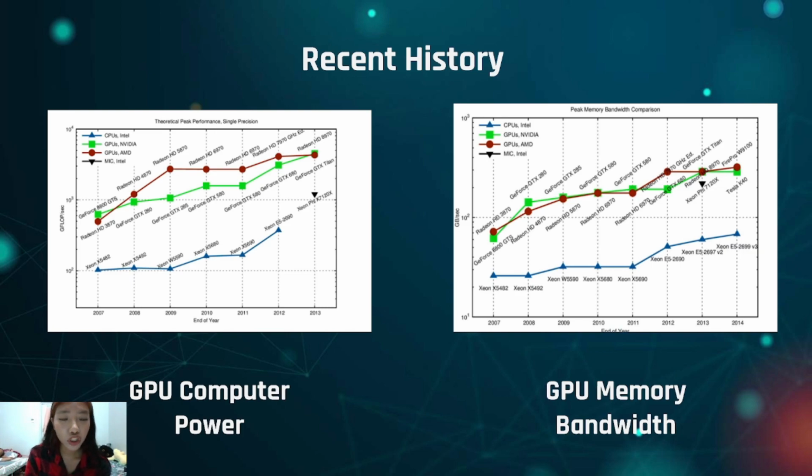Then came GDDR6, which doubled that to 56 GB per second. And now HBM, which is high bandwidth memory, is the new kid on the block, pushing bandwidth into the hundreds of GB per second. So both GPU computing power and memory bandwidth have shot up, enabling more complex graphics and computations.